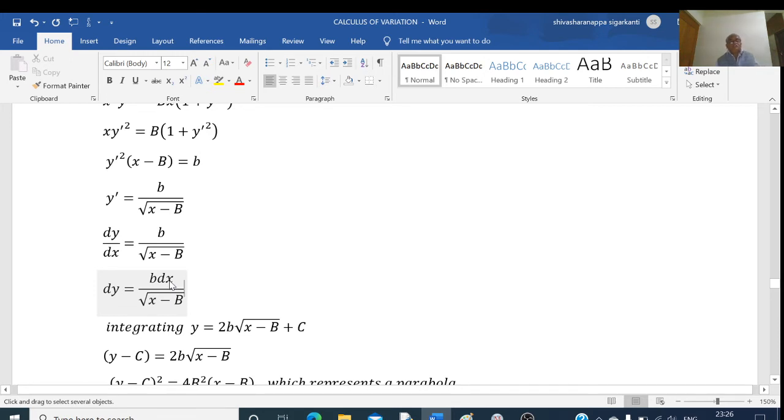Its integration is x minus b to the power of 1 by 2 divided by 1 by 2. That 1 by 2 becomes 2 here. So integrating, we get y equal to 2b into root of x minus b plus a constant quantity c. Or we write y minus c is equal to 2b into root of x minus b.